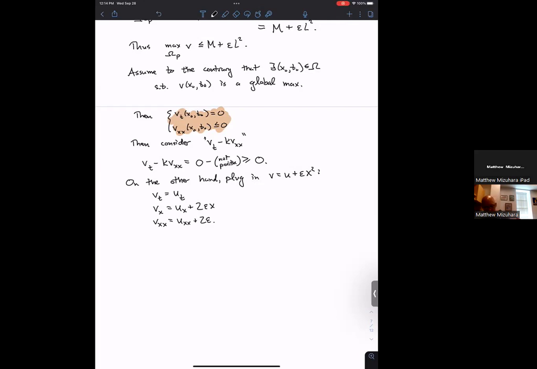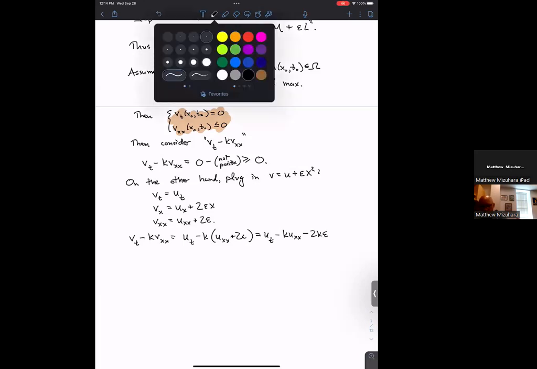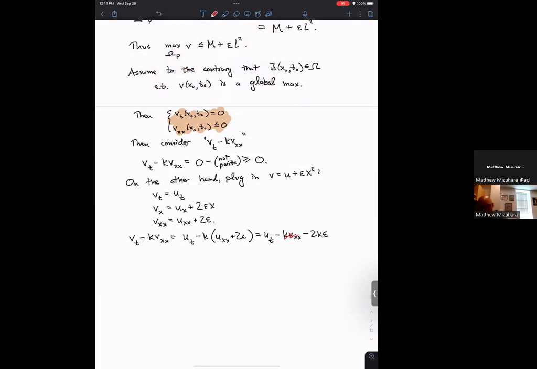Now redoing my Vt minus k Vxx, plugging in the u's, Vt is ut, minus k times uxx plus 2 epsilon, and so that would be ut minus k uxx minus 2k epsilon. Now, here's where the magic happens. Oops, that's not what I wanted.